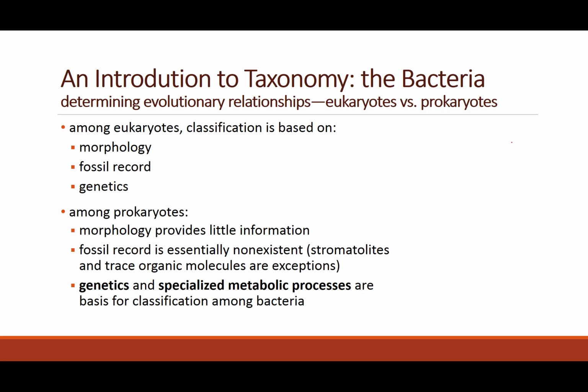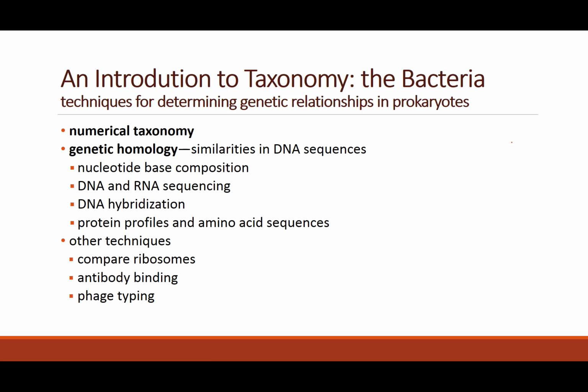So what we really have to rely on are the genetics, the DNA and the RNA that are found in the bacterial cells. And then the kinds of metabolic processes that the cell engages in, so the chemical reactions that occur inside the cell. So there are two big categories of the kind of genetic information that's available to us.